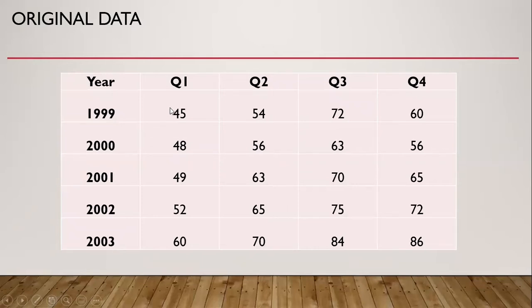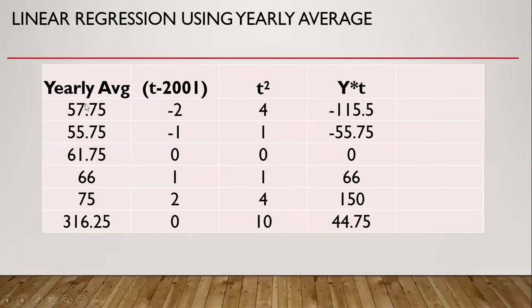For calculation of the trend component, first we need to calculate the yearly average. These are the yearly averages, and this is the total. The last row represents the total. Here we are subtracting the mid-year from the rest of the years.